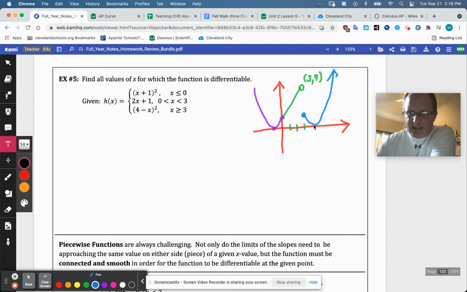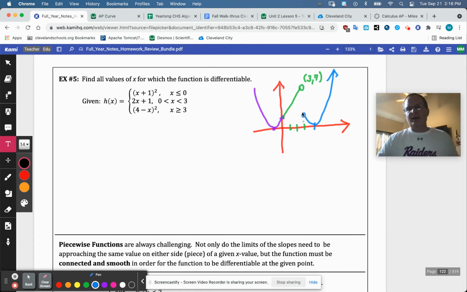I substituted 3: 4 minus 3 is 1, 1 squared is 1. When I put 4 in, I get 0, and that is going to be the minimum because this is a parabola that's completely above or on the x-axis. From there, I just continued.